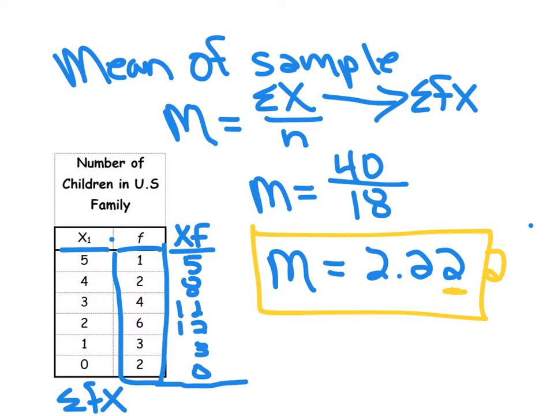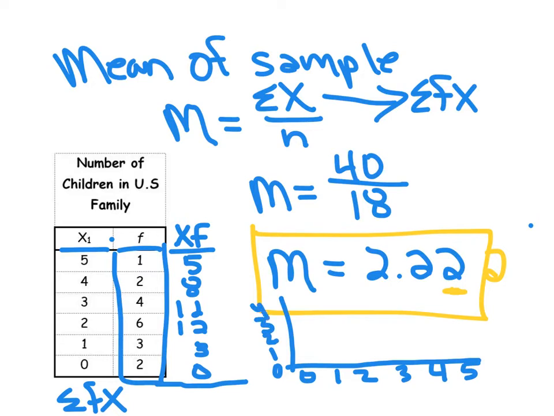So if I was to draw a little x-axis, we have 0, 1, 2, 3, 4, 5. And then let's say I have a y-axis and I have 0, 1, 2, 3, 4, 5, 6. I'm going to run into my mean, but that's okay because we're getting the idea.